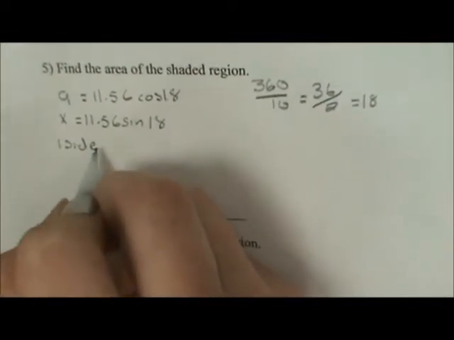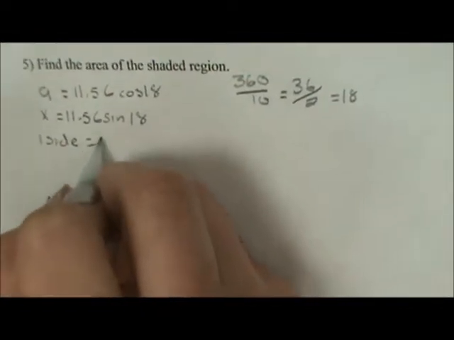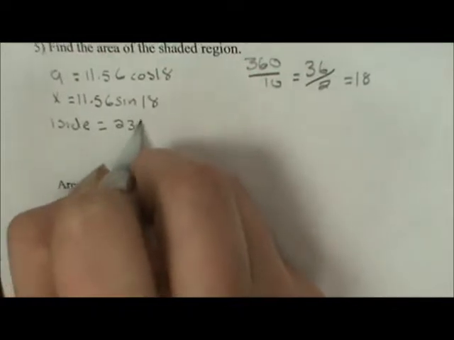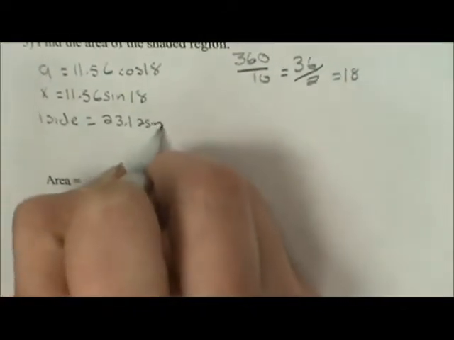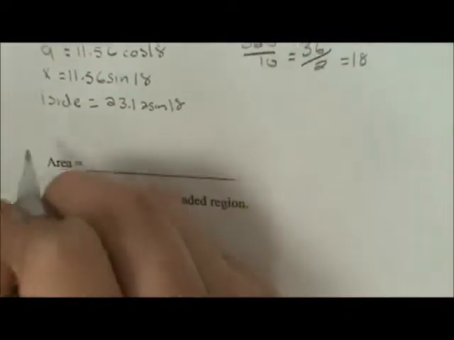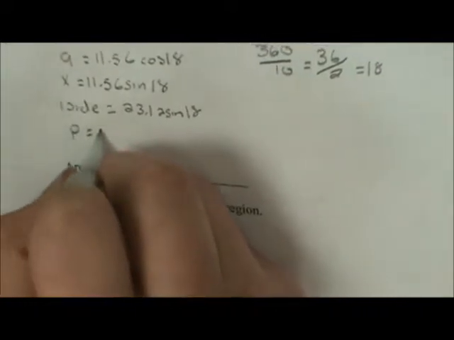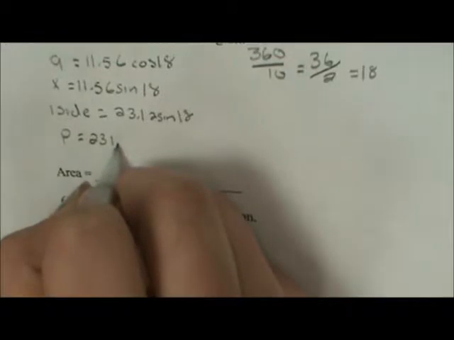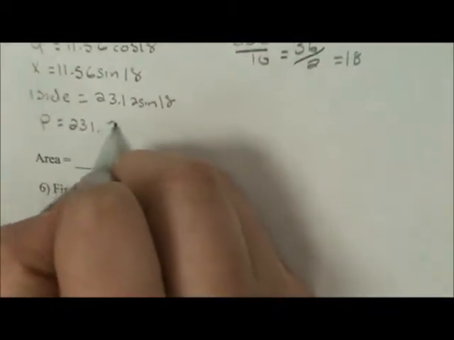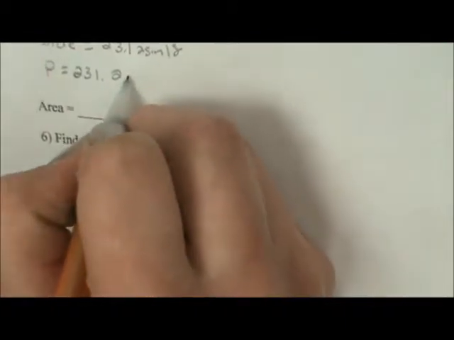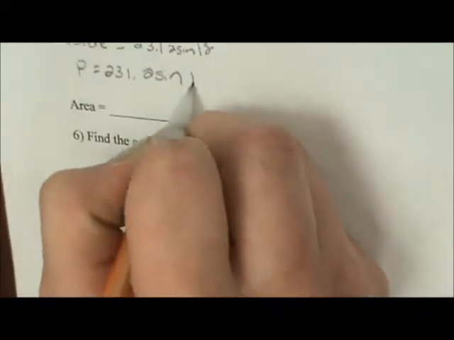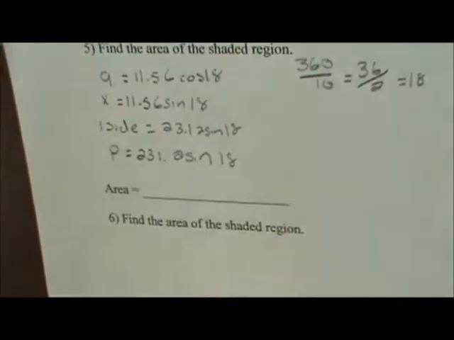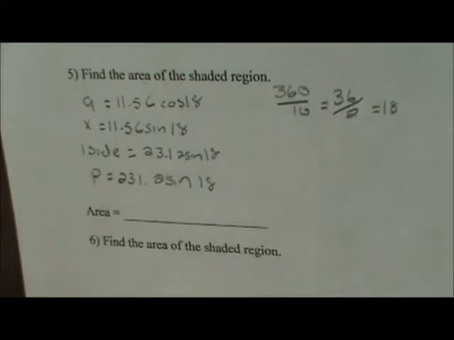One side is going to equal 23.12 sine of 18, and that's what the perimeter is going to equal because we doubled that X. Okay, and that's our perimeter.